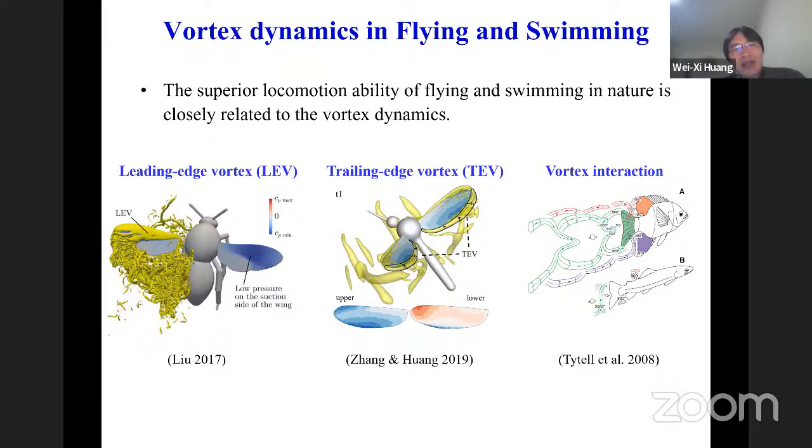It's disclosed that the superior locomotion ability of flying and swimming in nature is closely related to vortex dynamics, and various mechanisms were disclosed, like the leading edge vortex, the trailing edge vortex, and also the vortex interaction in more complicated conditions. I will give a brief introduction to the different mechanisms.